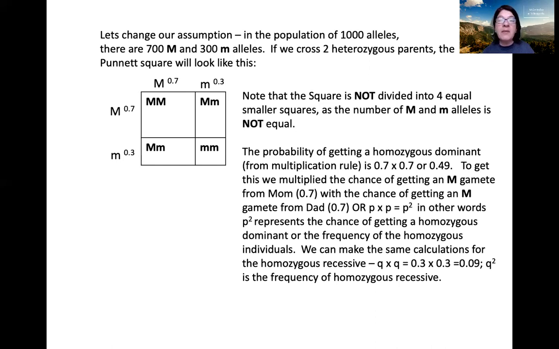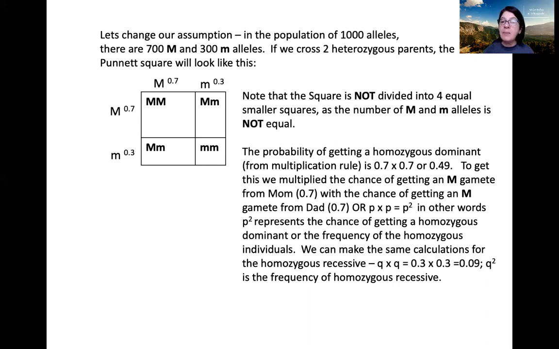The chance of the mom contributing a dominant allele is also 0.7, because that is the frequency of the allele in the population. So when you multiply these 2 chances, right, because we want to have the allele from mom to be dominant and from dad to be dominant, and means multiplication, you get 0.49.